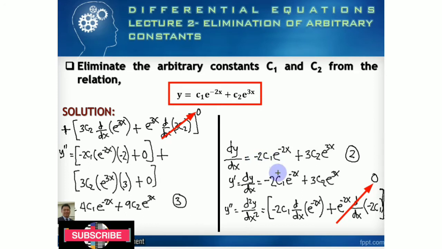So we have now equations 1 and 2 actually. So we have to eliminate the arbitrary constant c1.